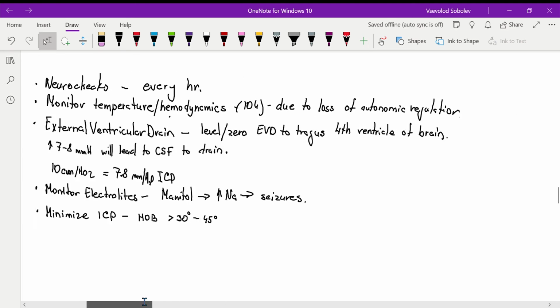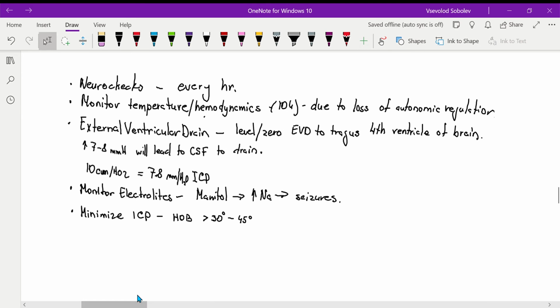Neurochecks should be done every hour in these patients. Monitor temperature, hemodynamics due to loss of autonomic regulation.